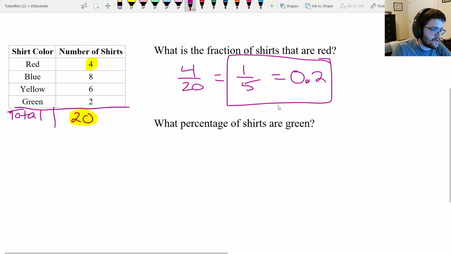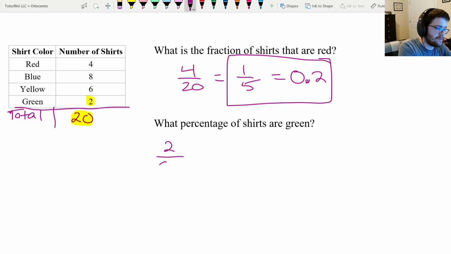What percentage of shirts are green? So, why don't I do it kind of all in one go this time? So green. So we're going to do 2 out of a possible of 20. And because we want a percentage, we're going to multiply by 100.